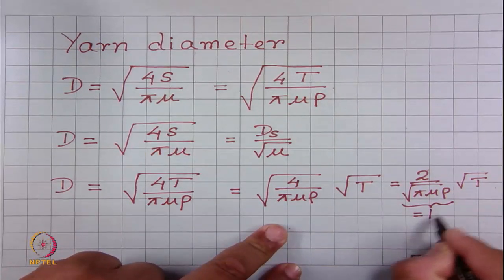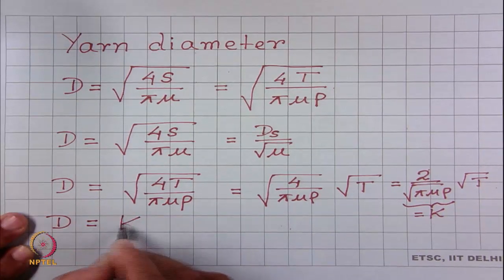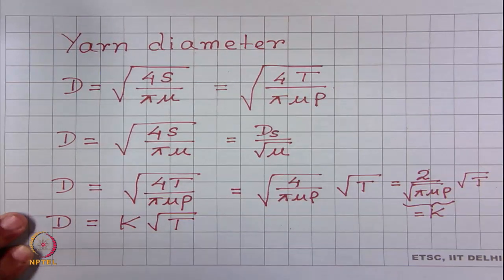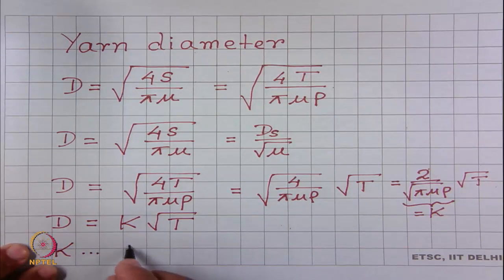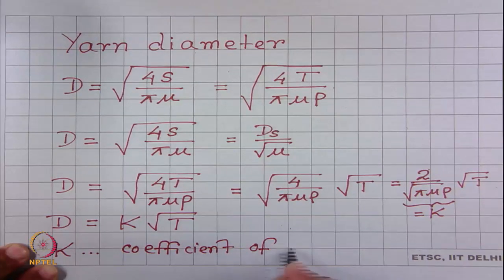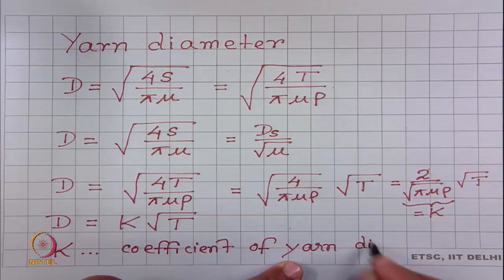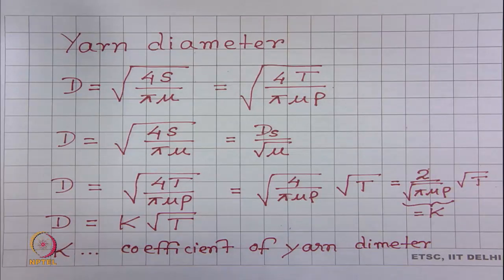Let us say K, then we can write D is equal to K root T. What is K? K is called coefficient of yarn diameter.